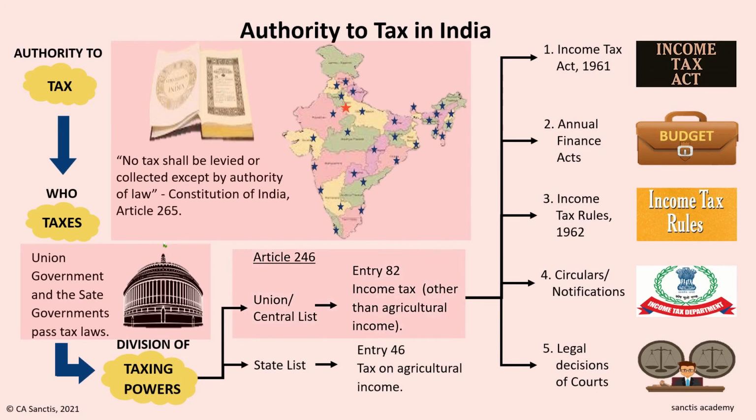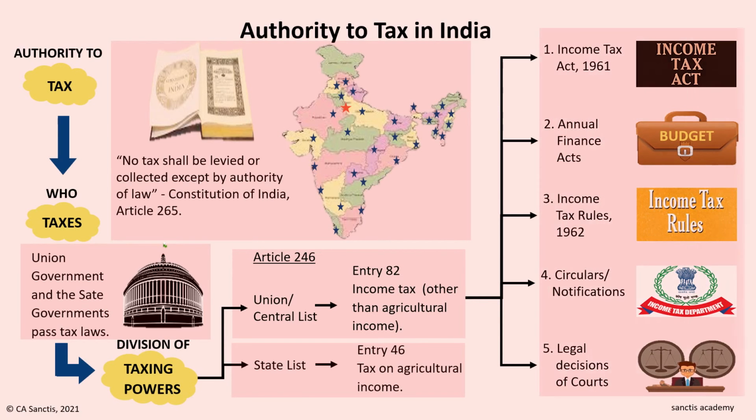Article 246 of the Constitution divides taxing power between the central government and the state government. Entry 82 of the Union or Central List grants exclusive power to levy income tax to the central government. This is other than agricultural income. Entry 46 of the State List grants exclusive power to the states to levy tax on agricultural income.